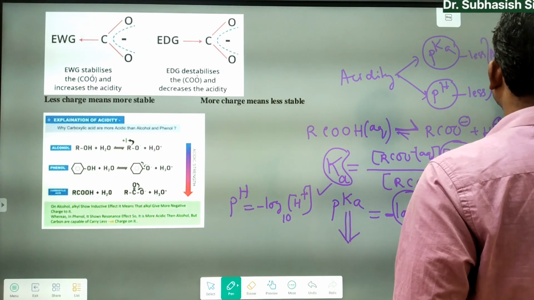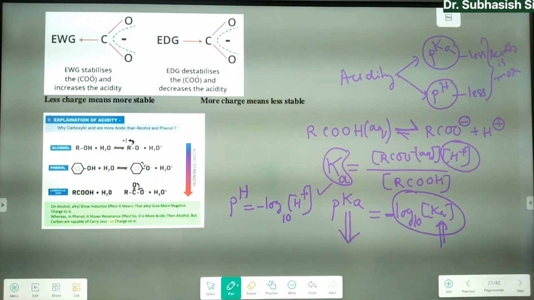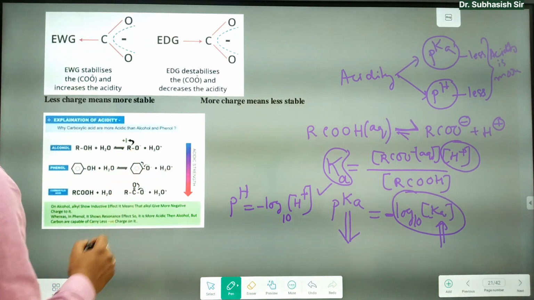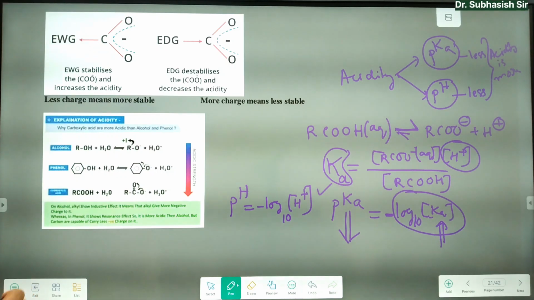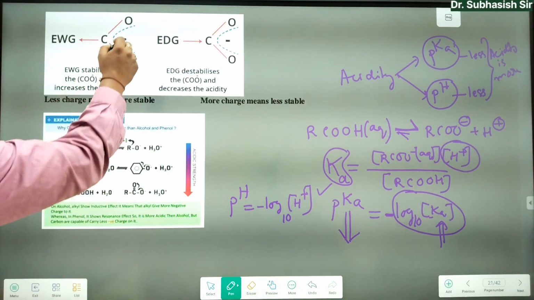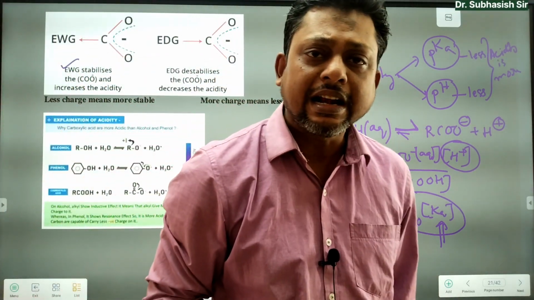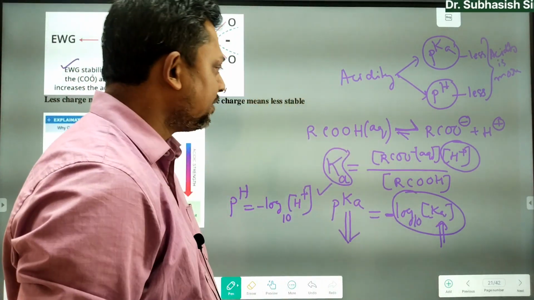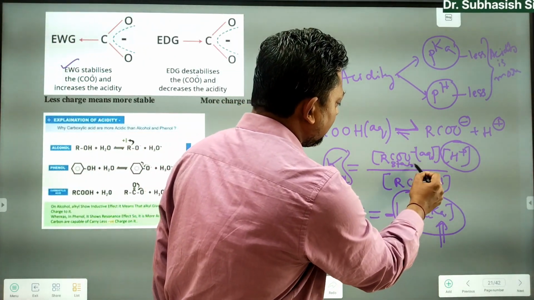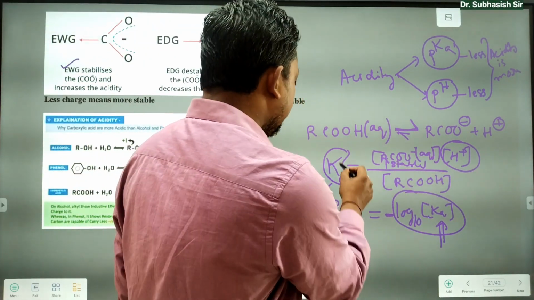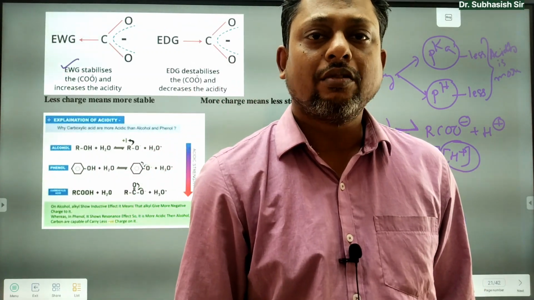From that point of view, if any electron withdrawing group is present in the carboxylic acid, it will further stabilize the carboxylate anion. At the same time, if this carboxylate anion is more stable, then Ka will be more, and if Ka is more, then what?